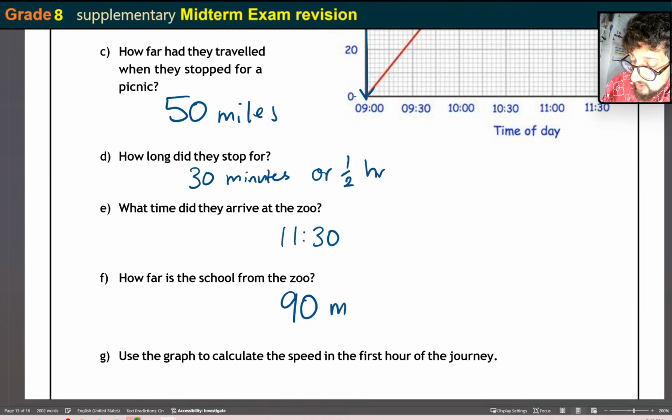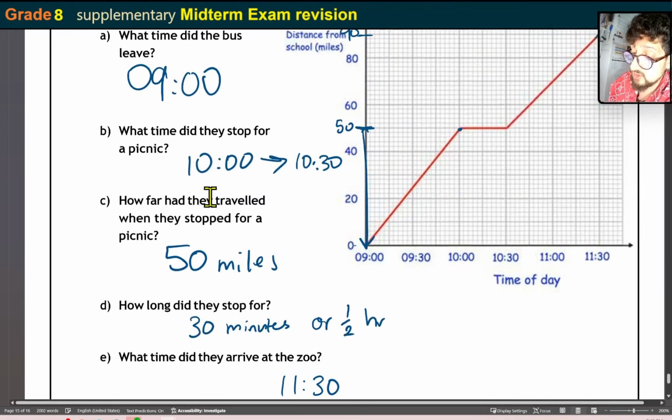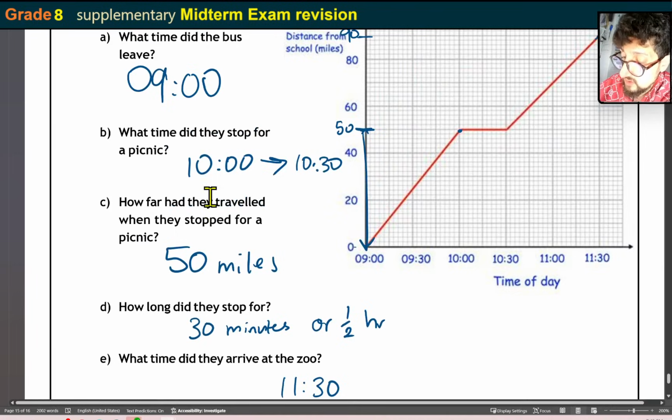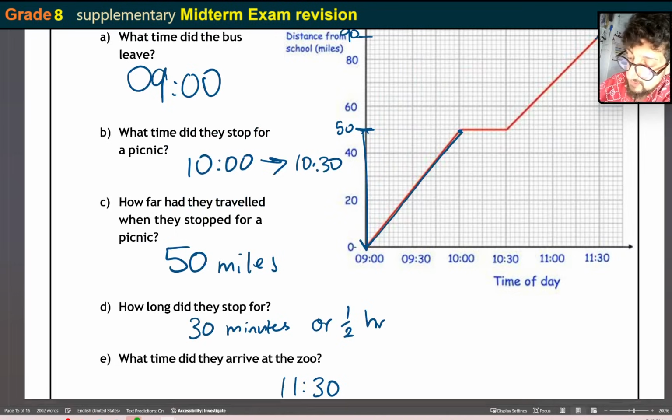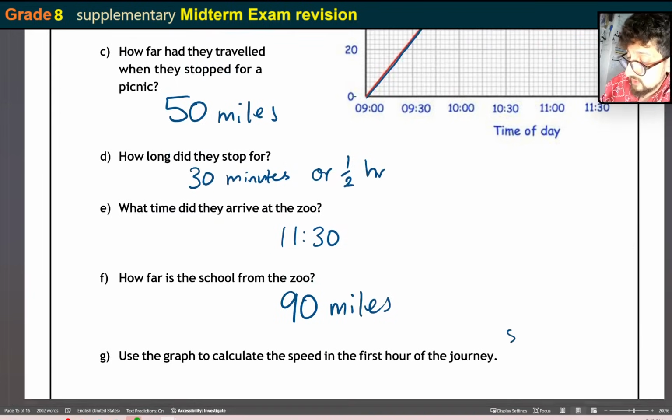So 90 miles. Use the graph to calculate the speed in the first hour of the journey. The first hour of the journey. So they're looking for this here. And obviously it's going to be rise over run, because speed is equal to distance over time.